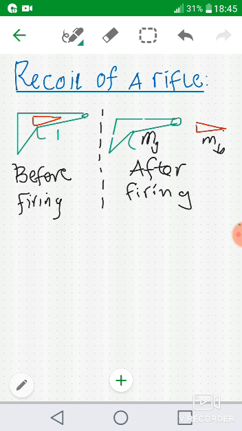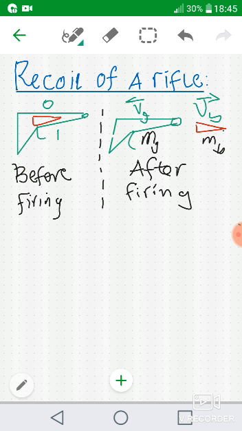Then finally, after firing, the gun has its own velocity, which is backwards. You can say V of the gun, VG, but it's backwards. Then the bullet has velocity, but its velocity is forward. Initially, they have 0 velocities. So we are saying that mg is the mass of the gun and mb is the mass of the bullet.